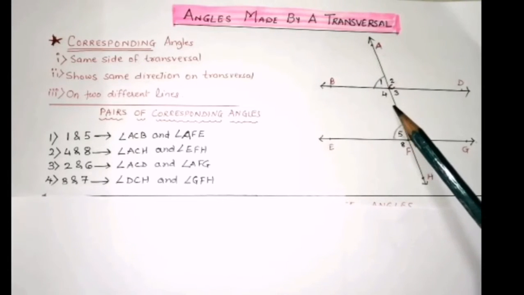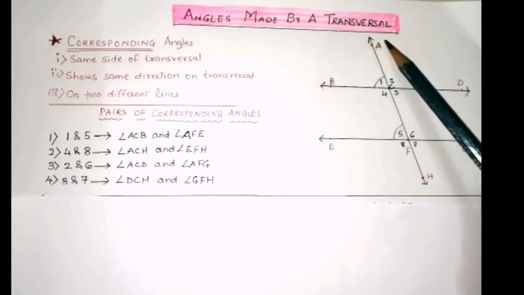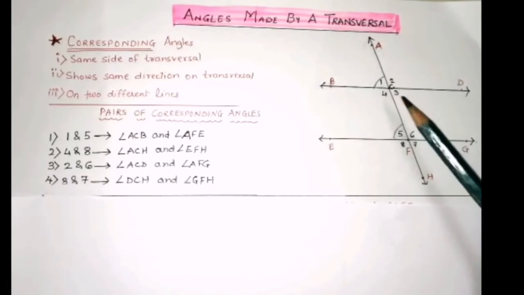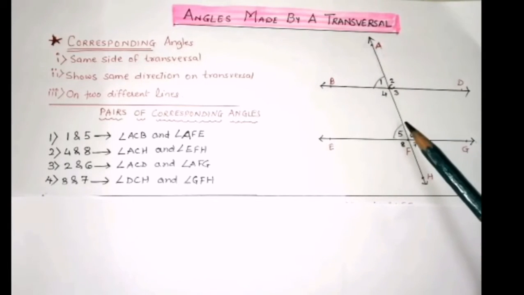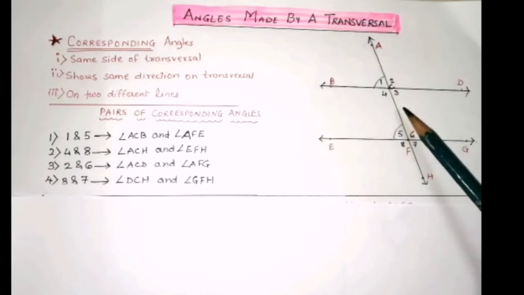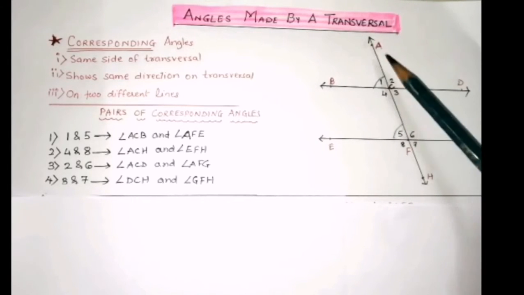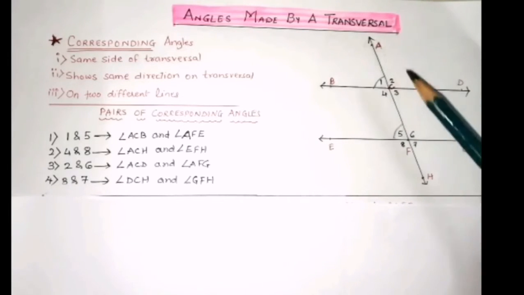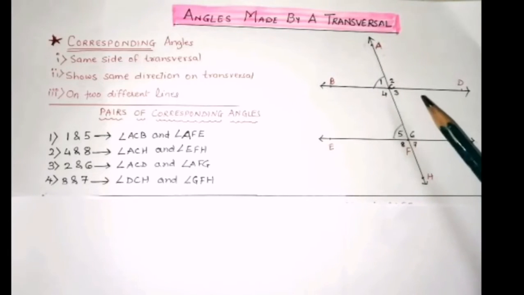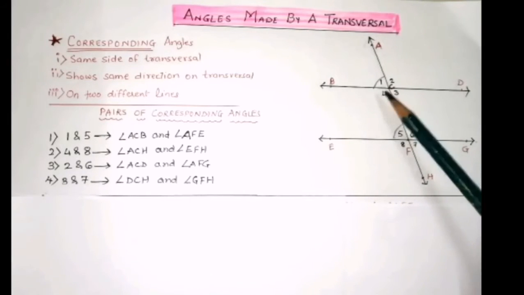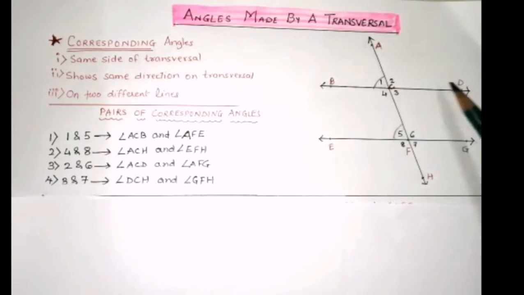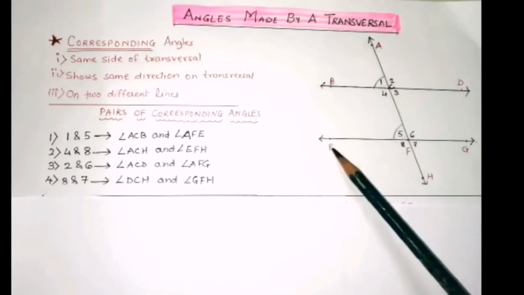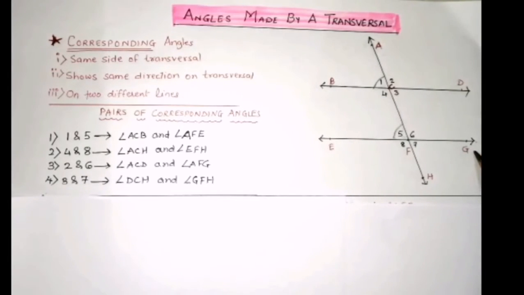So this also points upward. So both of these angles 1 and 5 show the same direction of the transversal, that is upward direction, and both the angles are on different lines. One angle is on BD and the other angle is on EG.